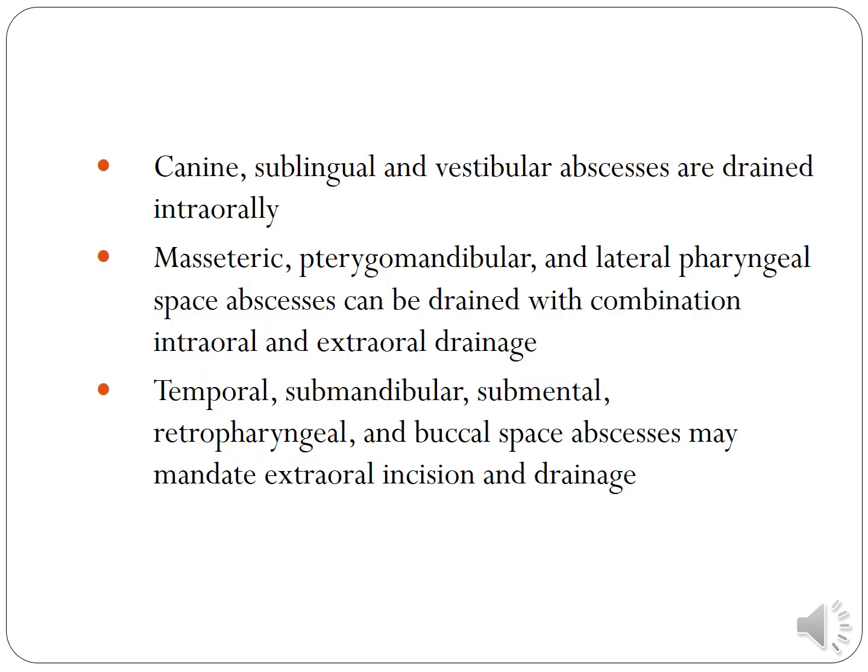Canine, sublingual and vestibular spaces are drained intraorally. Masseteric, pterygomandibular and lateral pharyngeal spaces can be drained with a combination of intraoral and extraoral drainage. Temporal, submandibular, submental, retropharyngeal and buccal spaces may mandate extraoral incision and drainage.